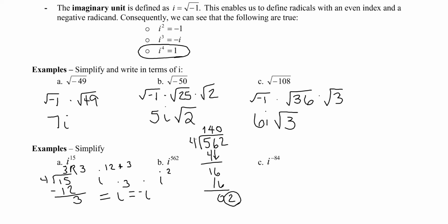So we're evaluating i to the 2nd power here, and that is going to equal -1. So it's the same as saying we have i to the 4 times 140 power, plus 2. And that is how we figured out our answer would be -1.